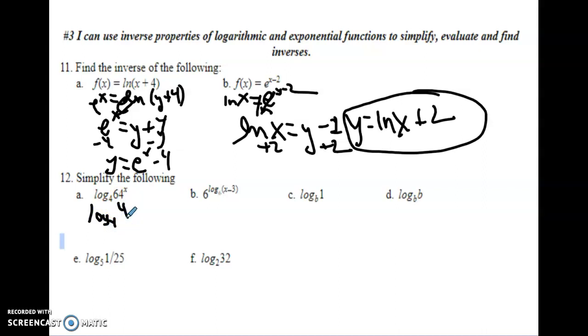Well, I know that 4 to the third power is 64, because 4 times 4 is 16, times 4 is 64. So that's a 3. And then we still multiply it by the x, because the x was already there. Now the log base 4 and the 4 cancels out. You are just left with 3x, and that's your answer.